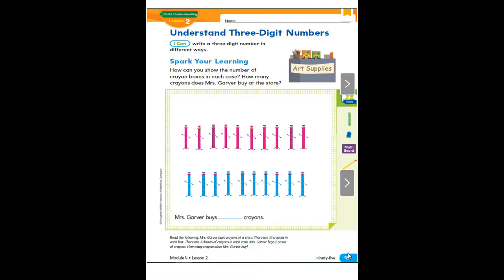All right, so let's see how many she bought. So we can either do it this way. We can say she bought 10, 20, 30, and so on up to 200.